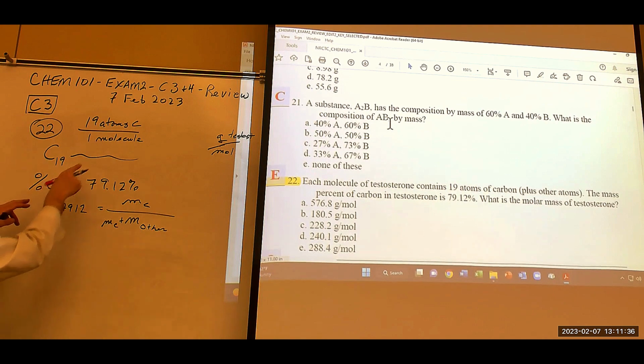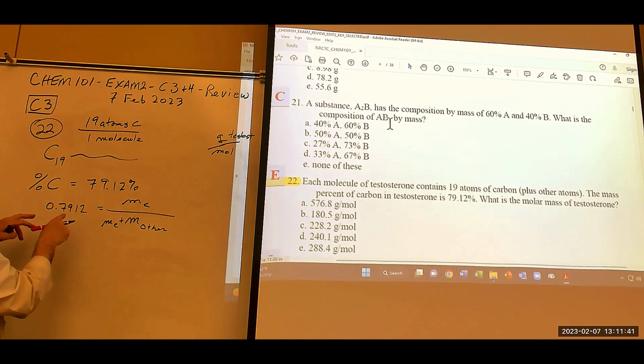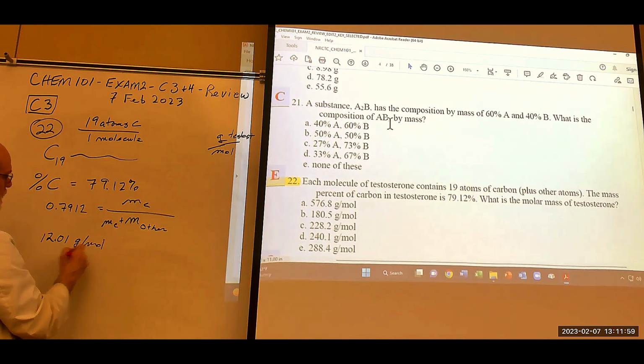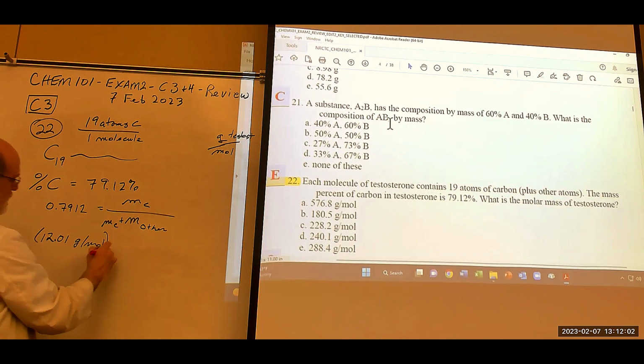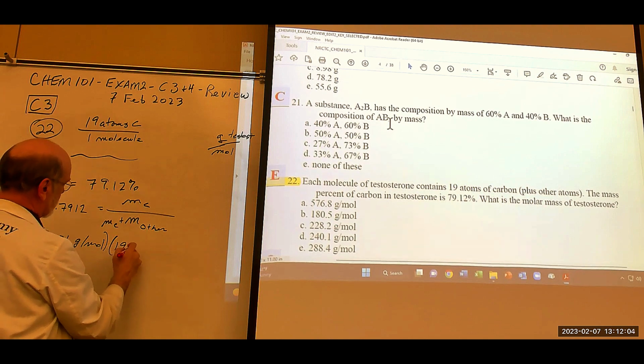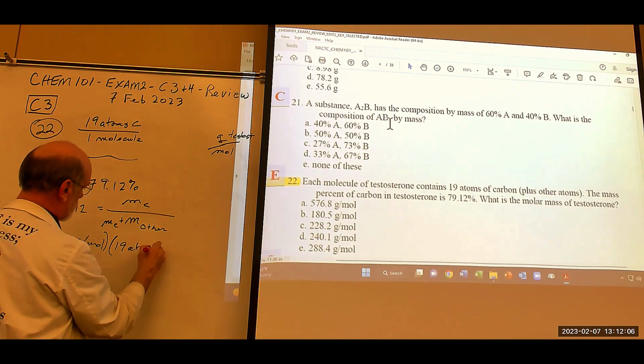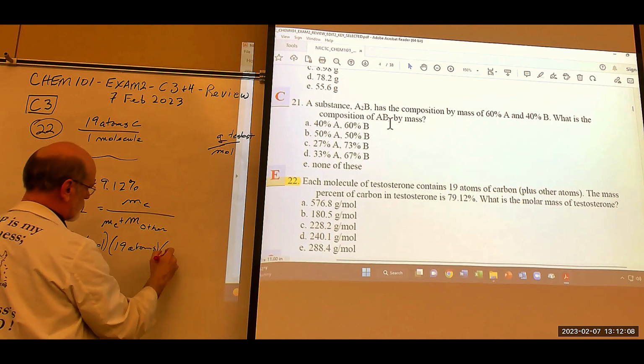So if we've got 19 atoms, what mass is that? Well, carbon is 12.01 grams per mole. And if we have 19 atoms of carbon, we need to convert that to moles.